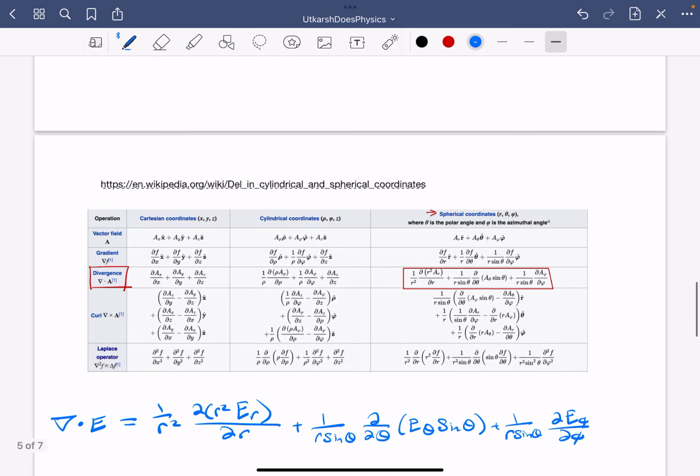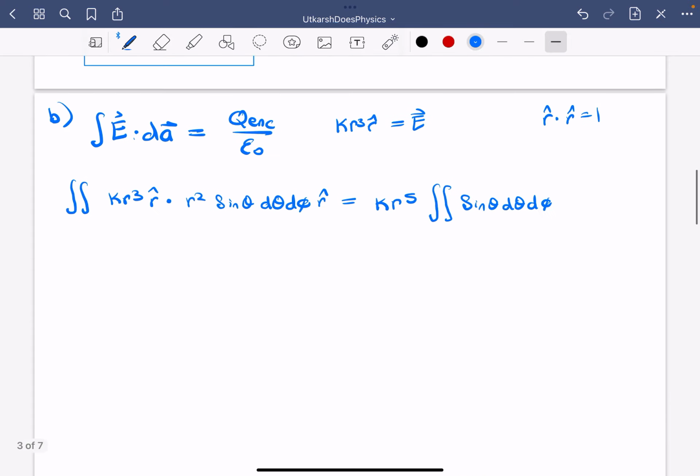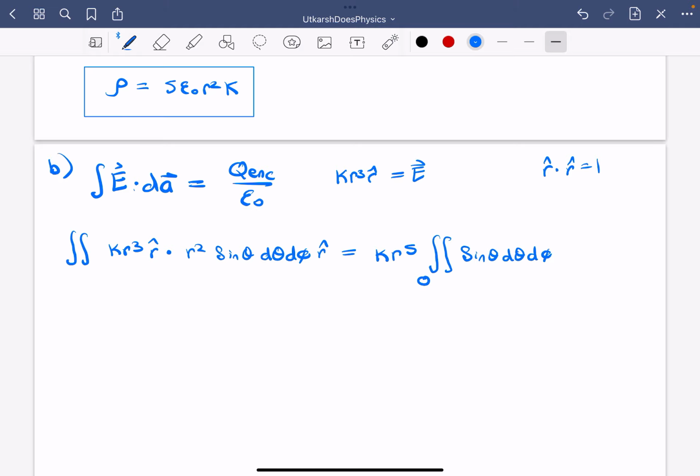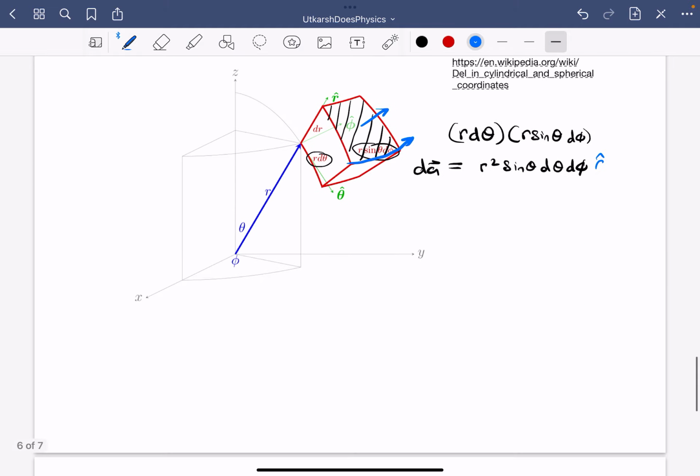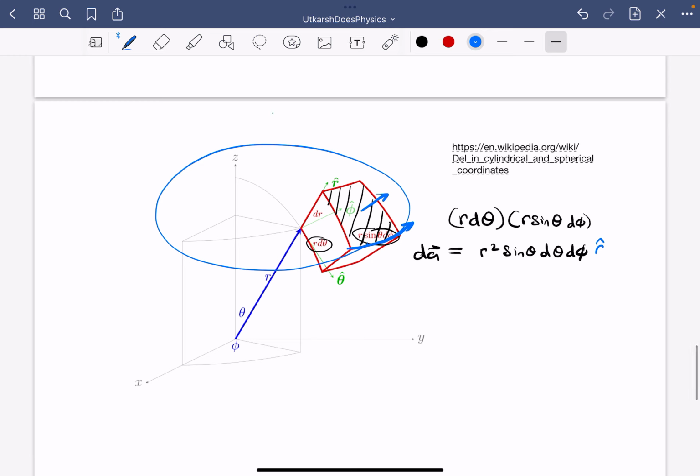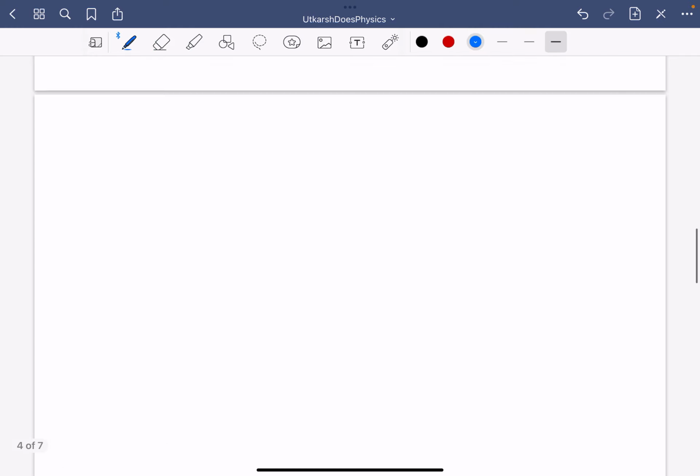So our phi integral is going to be from 0 to 2 pi. And our theta integral, to get the area of the sphere, now that we've gone from 0 all the way to 2 pi, we need to go from the top to the bottom. So we need to go from 0 down to pi. So that's going to be our bound for the sine theta integral.